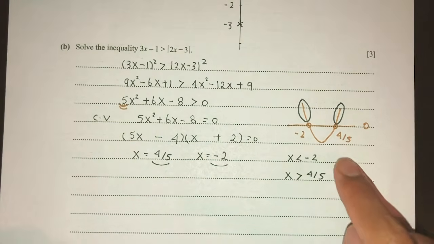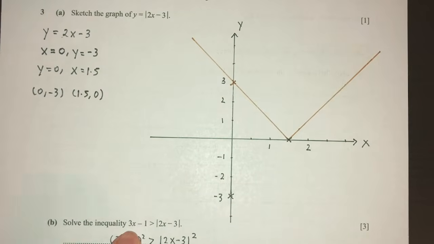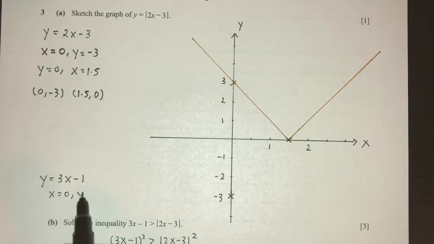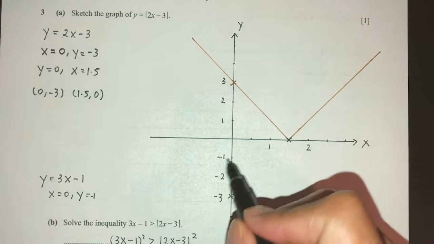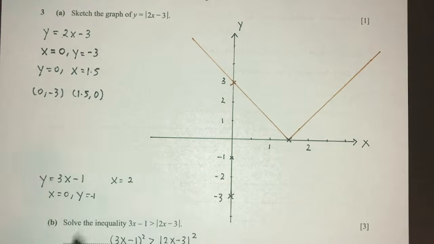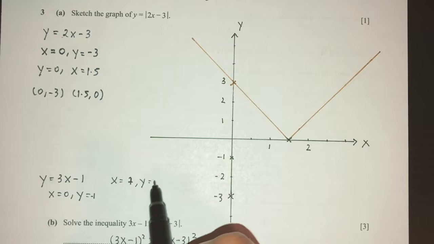So now we have two possible sets of values for x for this equation, but now we have to choose which one is valid based on your graph. So let's draw this line, y equal to 3x minus 1. Let's find 2 points. When x equal to 0, y is minus 1. So that's the first point. And when x equal to 2, or just 1, why not? y is equal to 2.